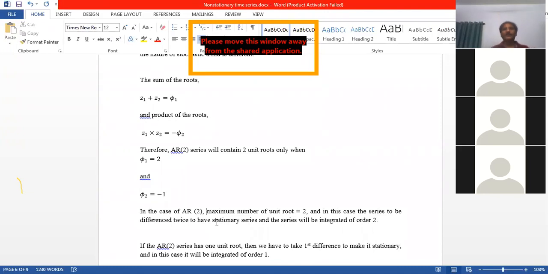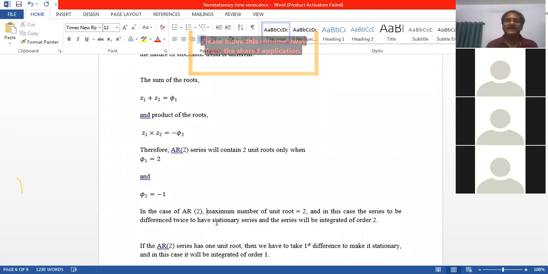So in AR2, you have three possibilities. The AR2 series YT may be of three types. Type 1, YT may contain 2 unit roots. In this case, YT will be non-stationary with stochastic trend. YT may contain 1 unit root.